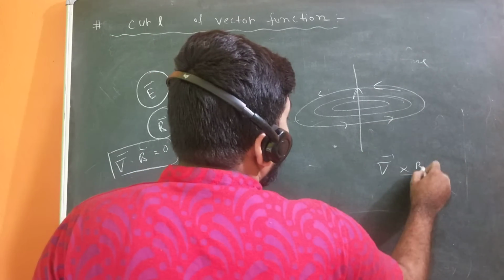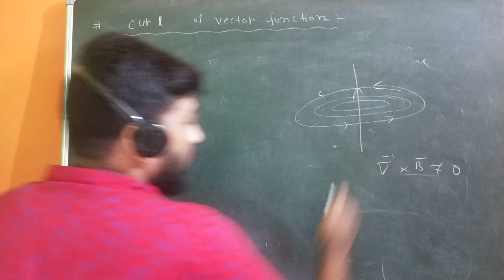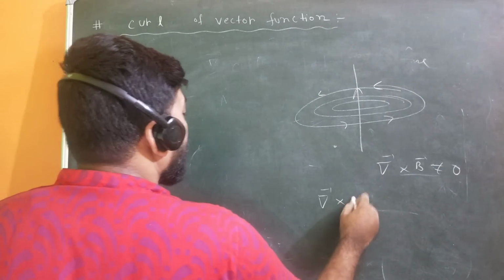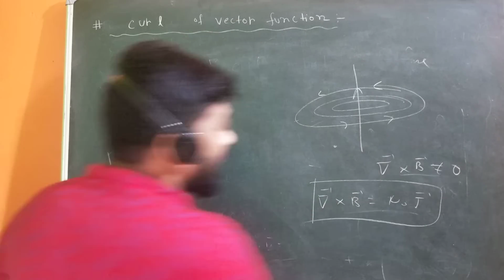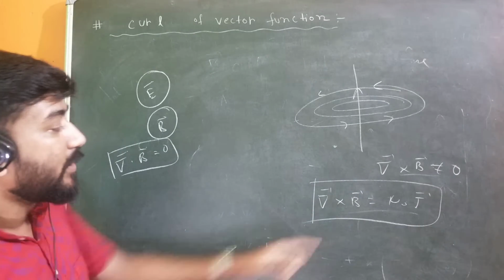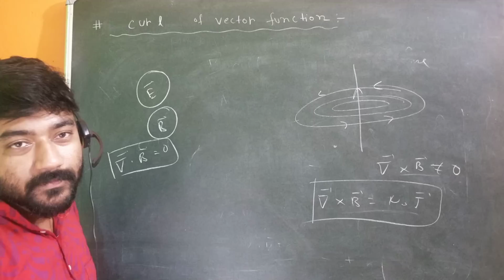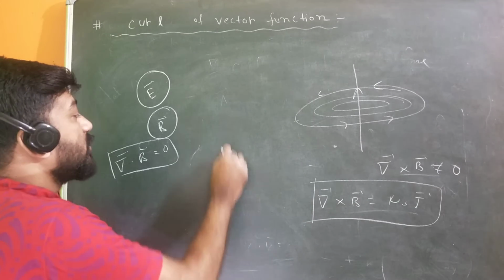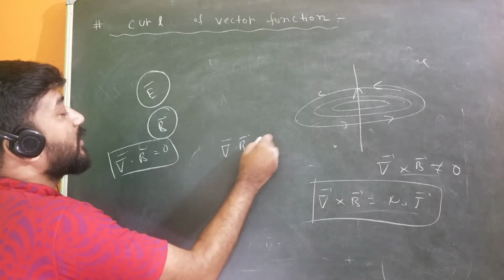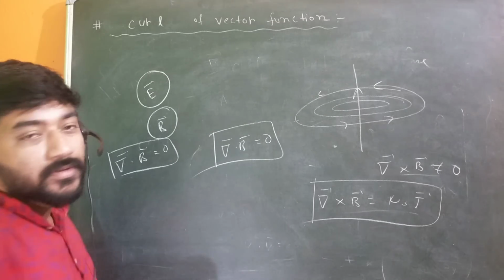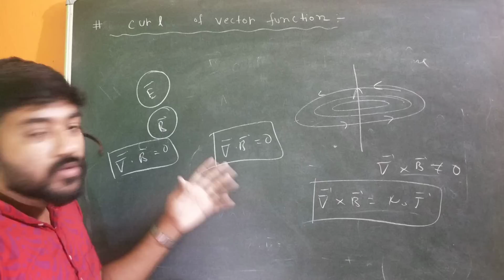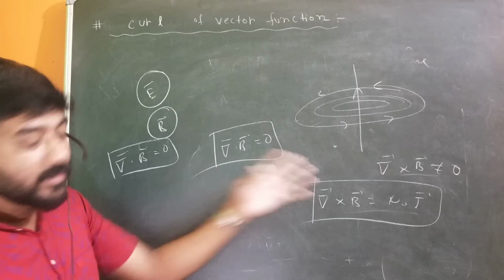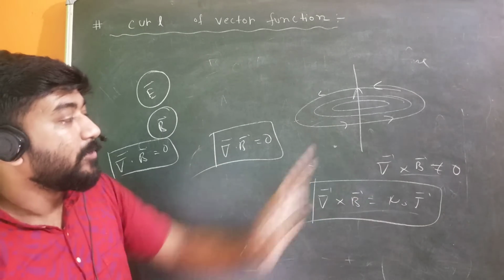So obviously curl B is not equal to 0, and you know from Ampere's law that curl B is equal to mu 0 J. So there is a non-zero curl, and the magnetic field B has a rotational sense, but its divergence is always 0. We will discuss this in magnetism also. This is Gauss's law: the divergence of B is 0, so B is solenoidal, but the curl of B is not equal to 0.